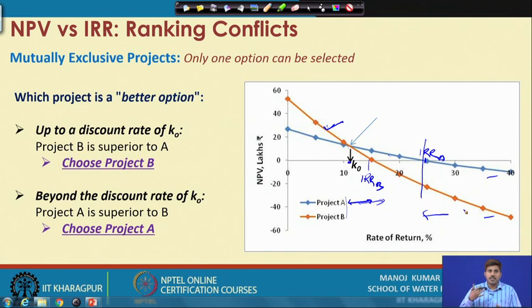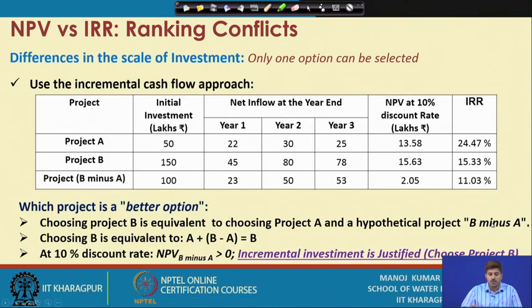So, my decision on which project is a better option will depend on what kind of discount rate I am applying or what rate of return I am expecting on these projects.